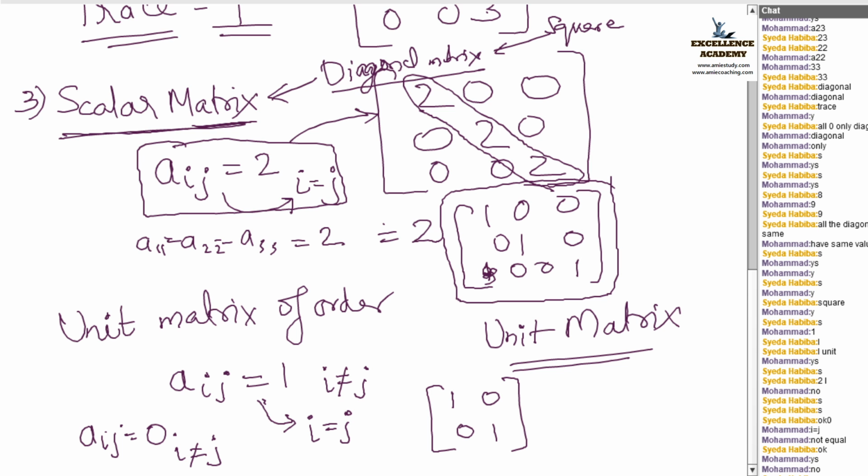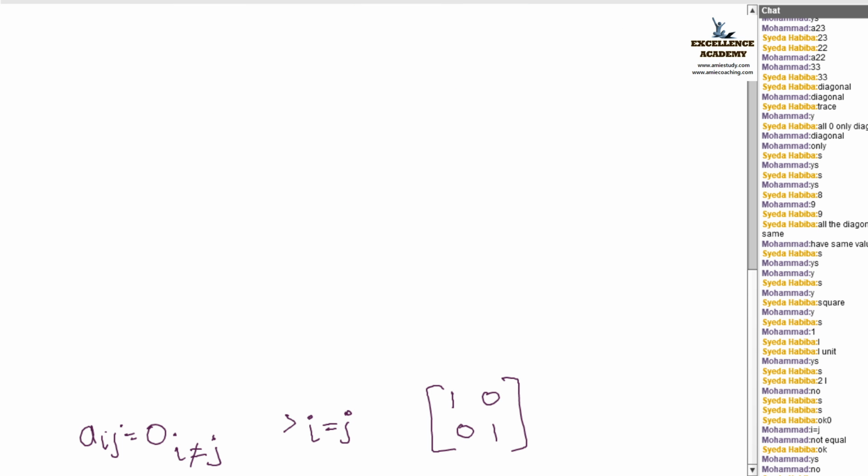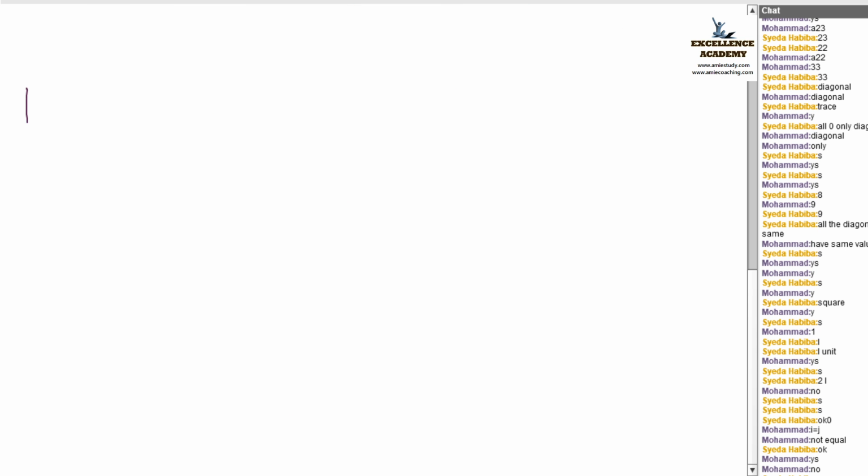Okay, fine. So next one is triangular matrix. Next we will see what is in the triangular matrix. A square matrix in which all the elements below the main diagonal are 0 is known as an upper triangular matrix.